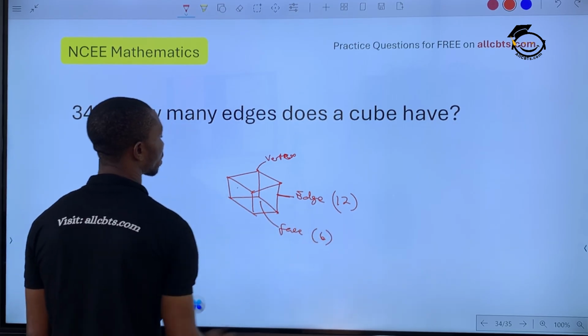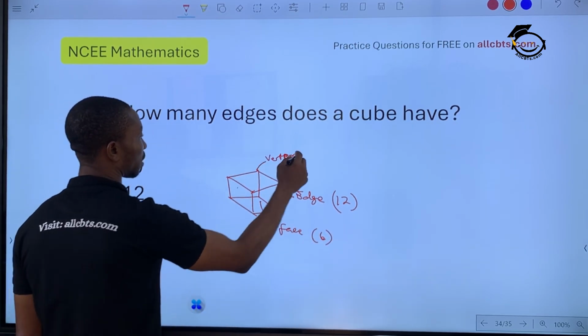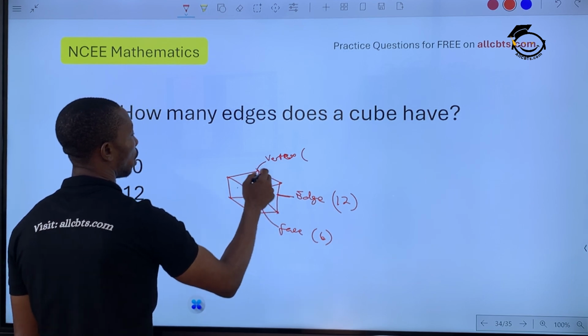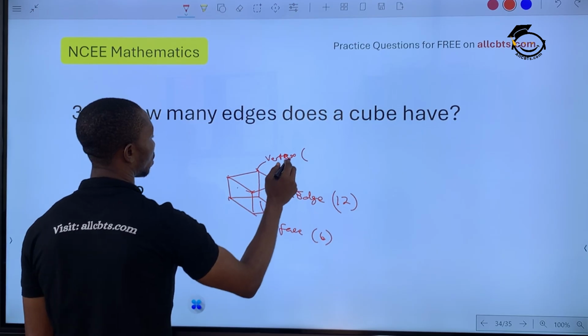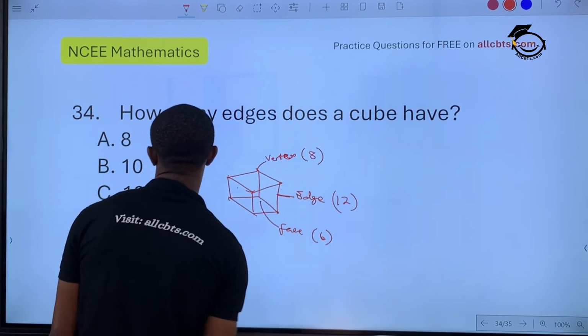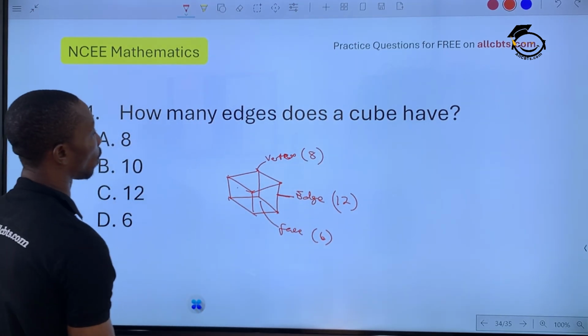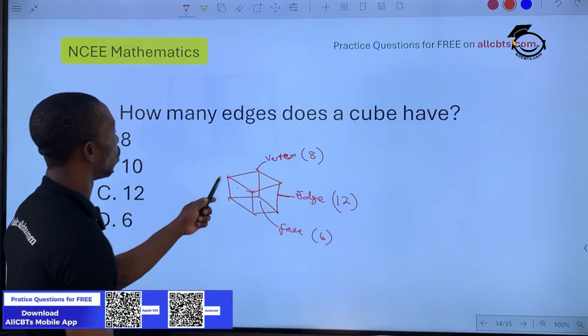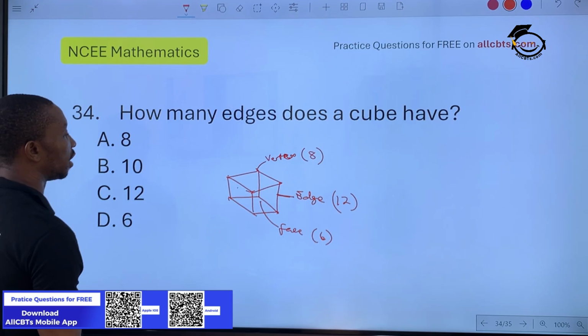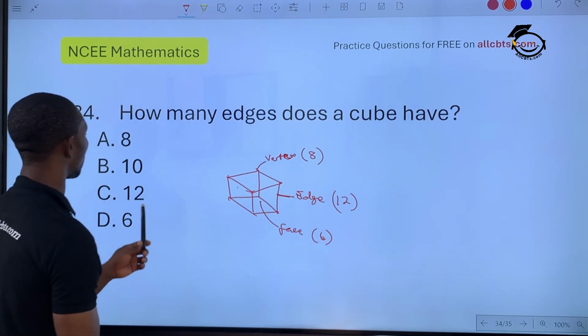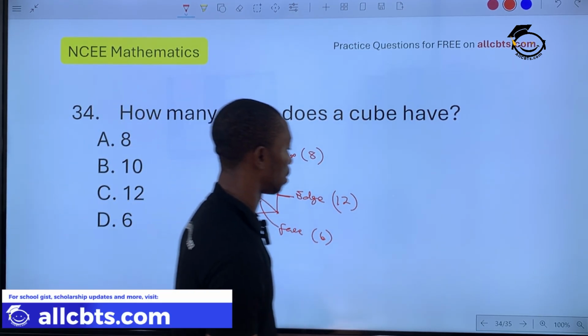Faces are 6. And the vertex points are 1, 2, 3, 4, 5, 6, 7, 8. So our vertex points are 8. Edges are 12 and the faces are 6.